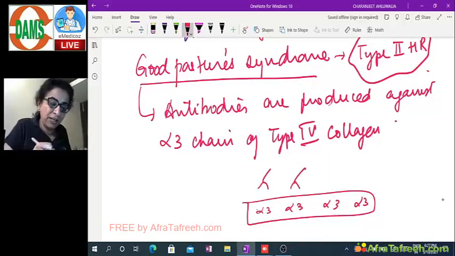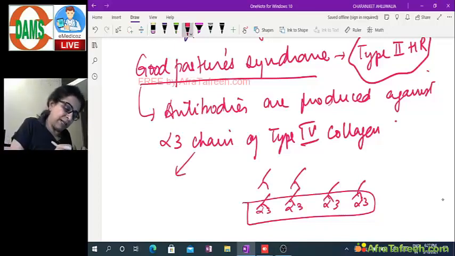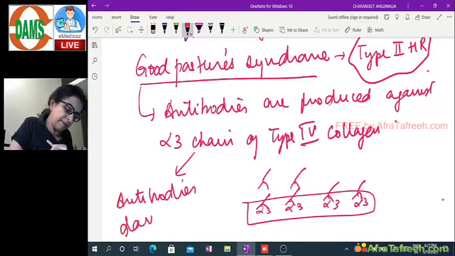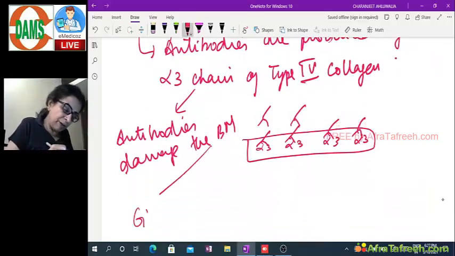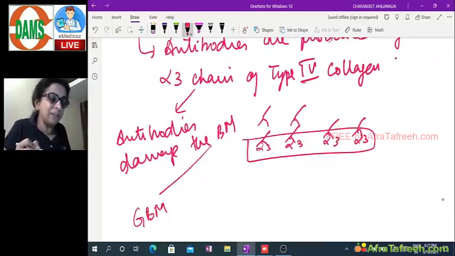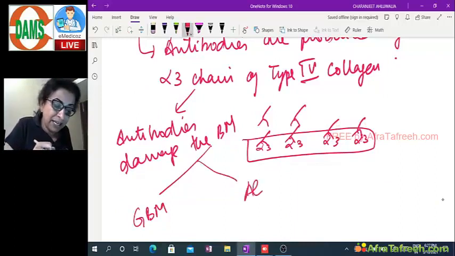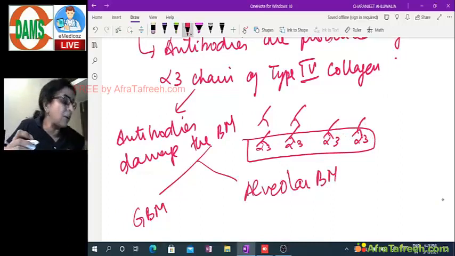These antibodies go and attach, and damage the basement membrane. Okay, which basement membrane? Antibodies damage the glomerular basement membrane, GBM, as well as the alveolar basement membrane, the basement membrane of the alveoli.